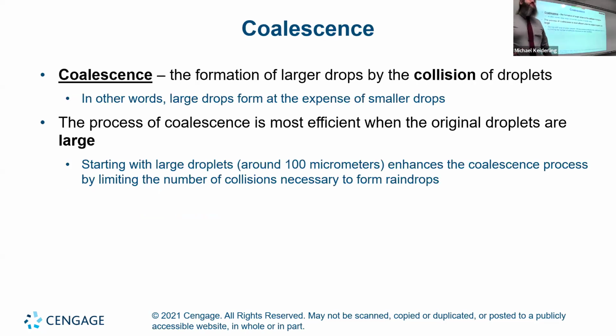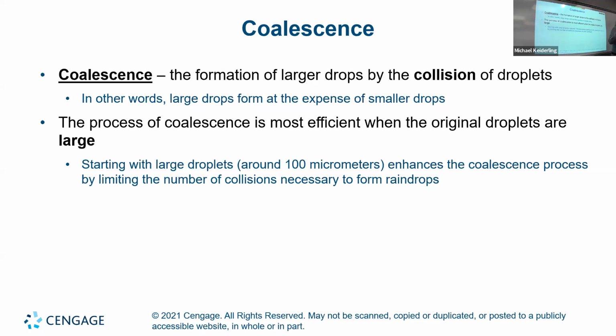So coalescence is the simpler of these two processes. It's the formation of larger droplets by the collision of small droplets. You have some drops collide and merge, and eventually they start to fall. And as they fall, they sweep up other droplets and get bigger.